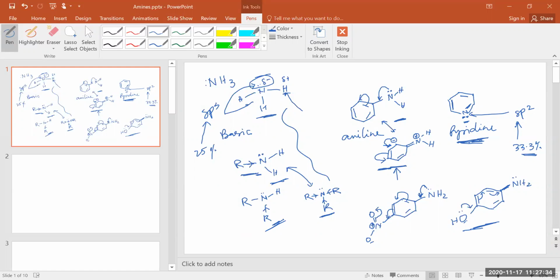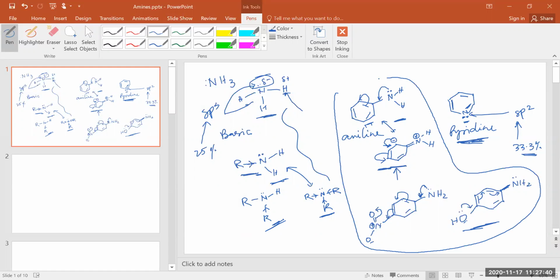Here, you compare with aniline, and not the other ones. Hydroxyaniline will be less basic than pyridine and aliphatic amines, but it will be more basic than nitroaniline.